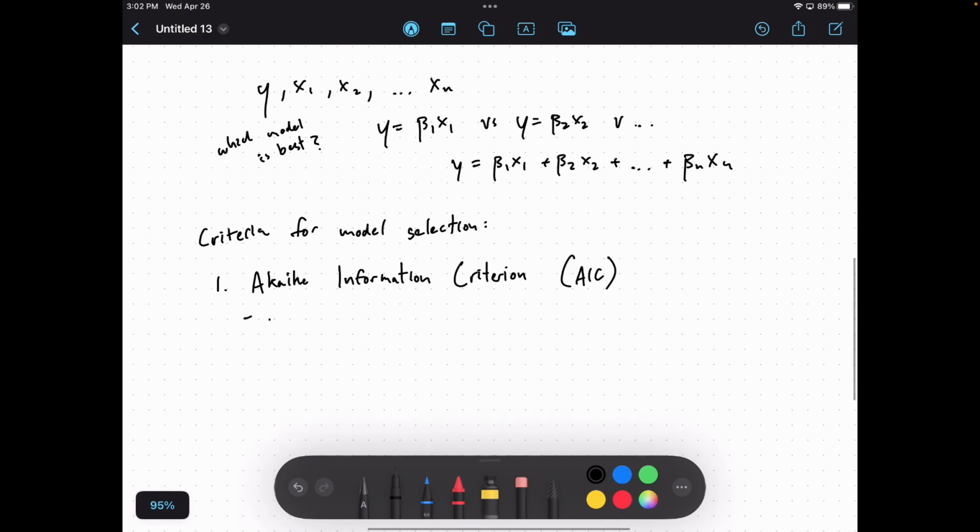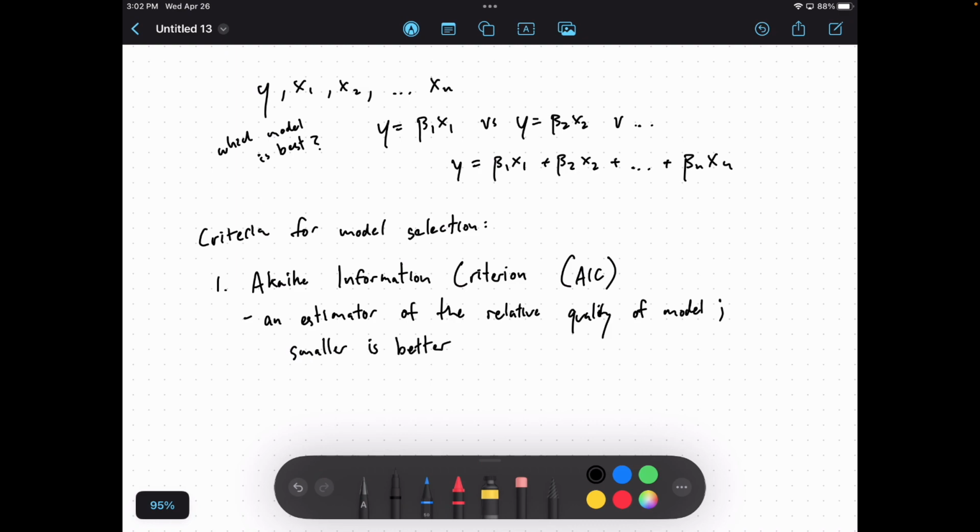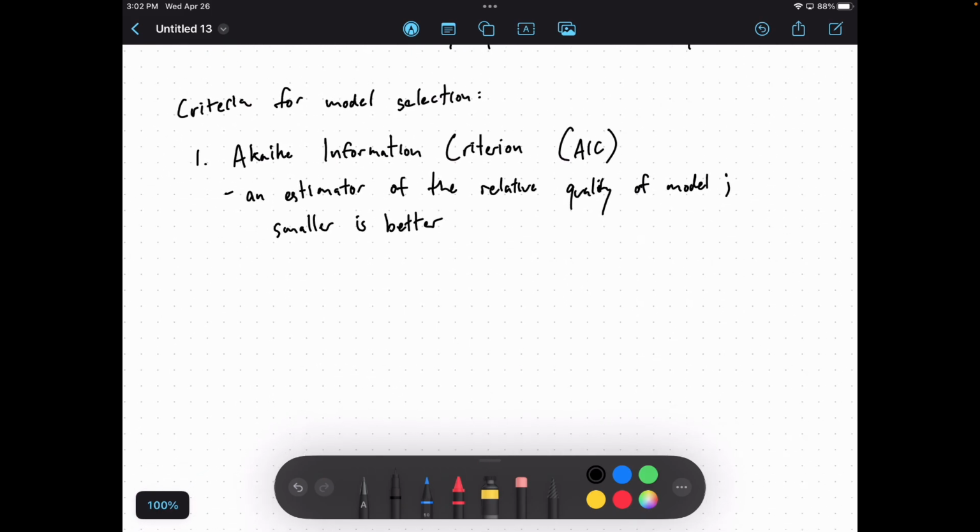So this is an estimator of the relative quality of the model, and smaller is better. So AIC is equal to 2k minus 2 ln of L hat.